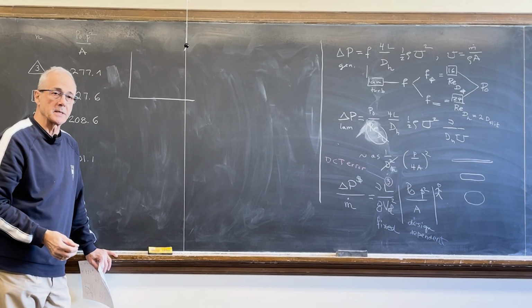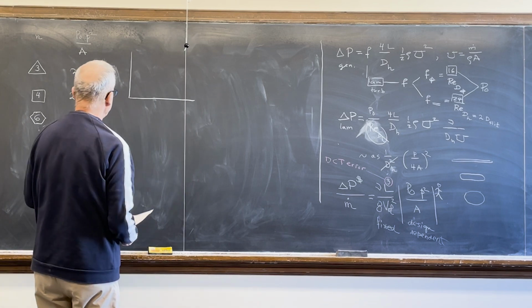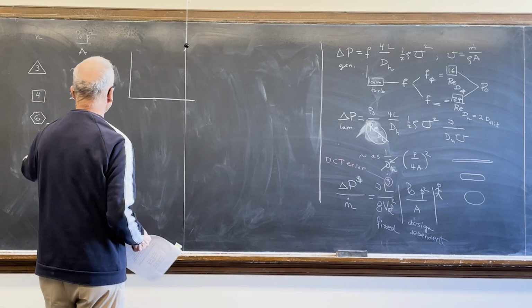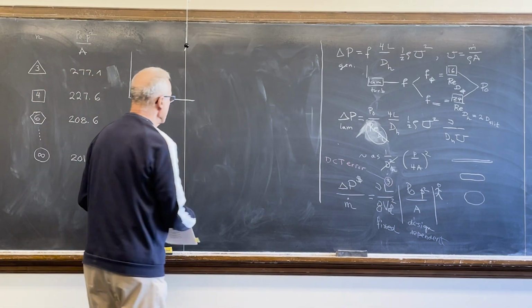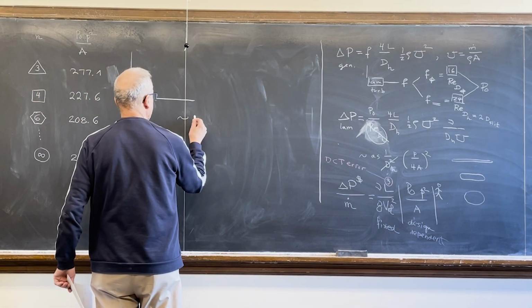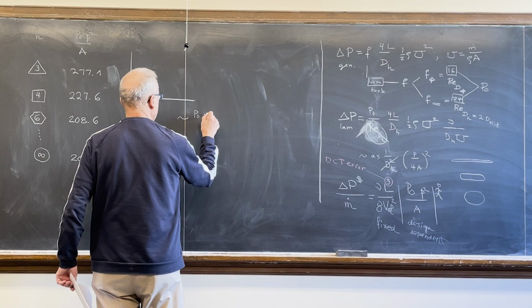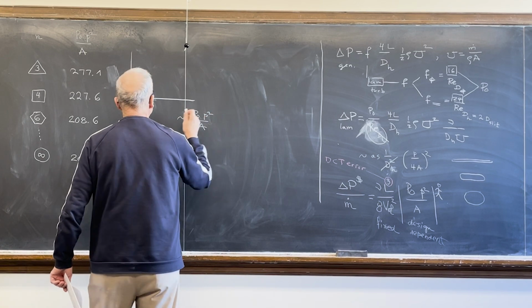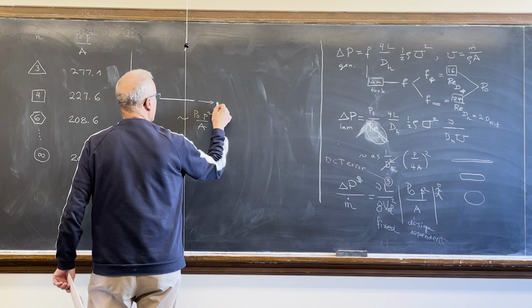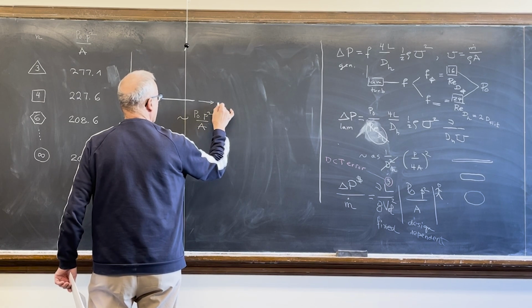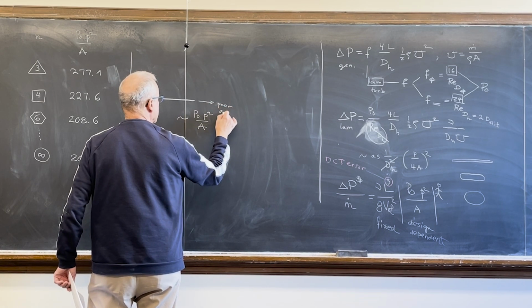In two dimensions, on the abscissa I plot the figure of lack of merit. That would be something proportional to the Poiseuille number p squared divided by a, meaning poor access.